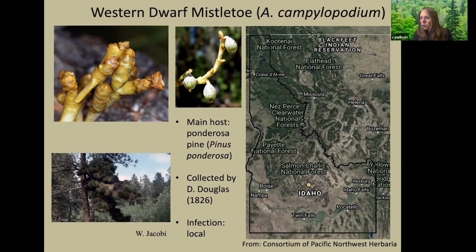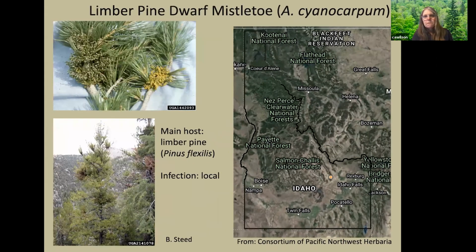And in Idaho, it occurs in Blaine County. That's where that little dot is. And its infection is local. You can see here an infection on the tree, and it's what they call a witch's broom, which we'll talk about in a few minutes.